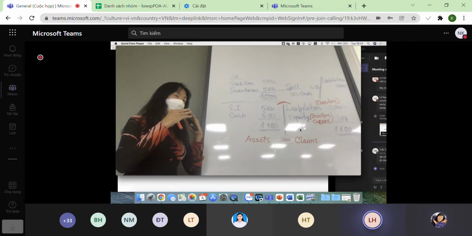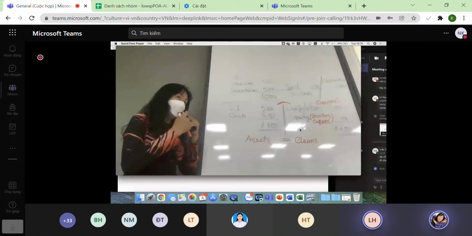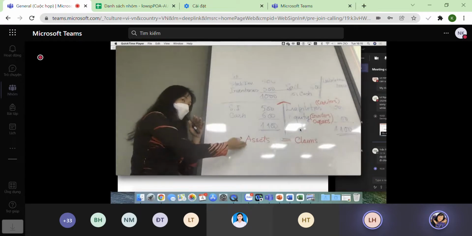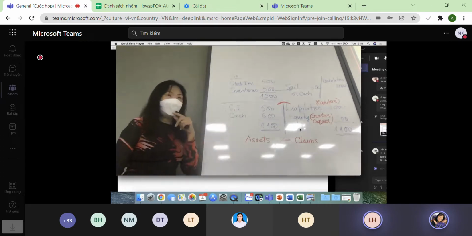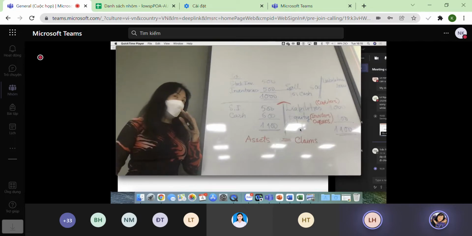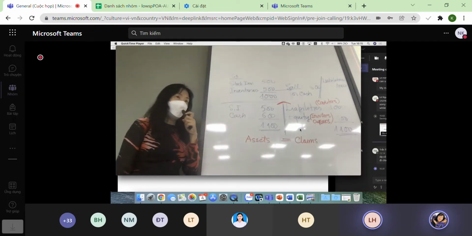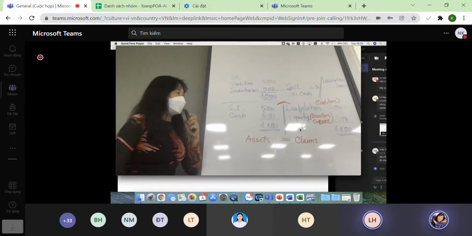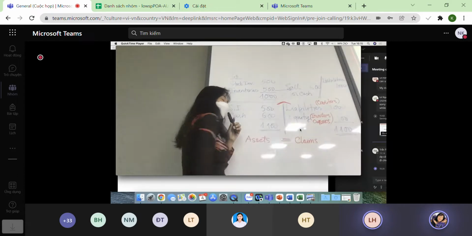Two classification types of one thing. Economic resource can be classified by assets: we have stock investment and cash or inventory. On the other side, we want to know from whom or who claims those things. Who claims those assets? The claim from the creditors and the claim from the owners.